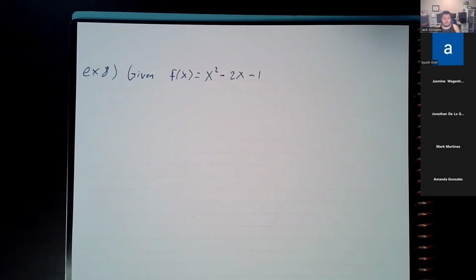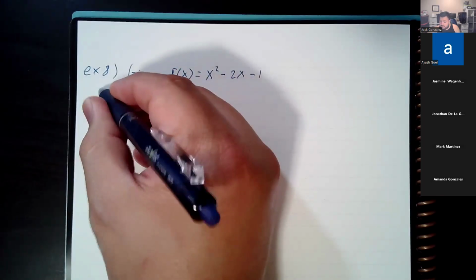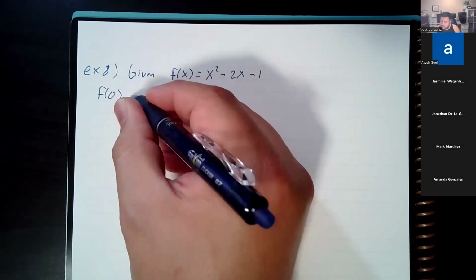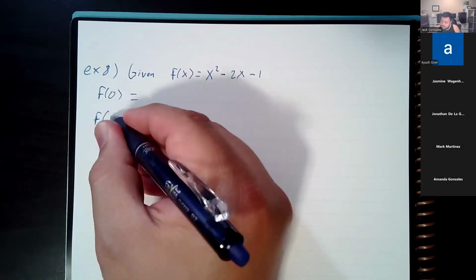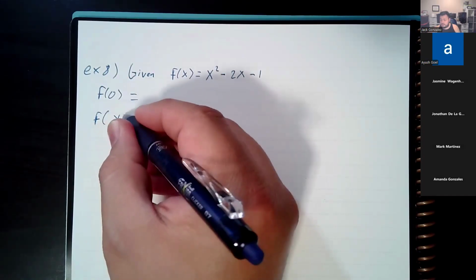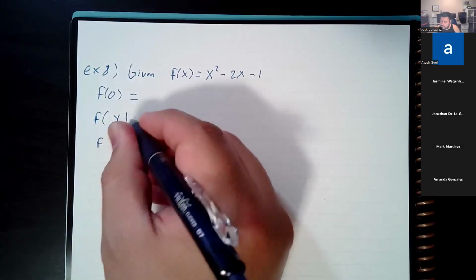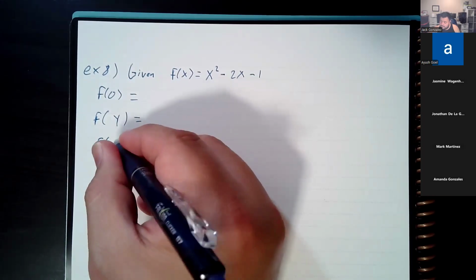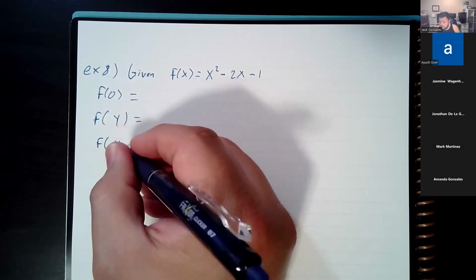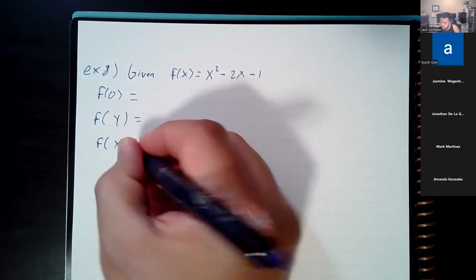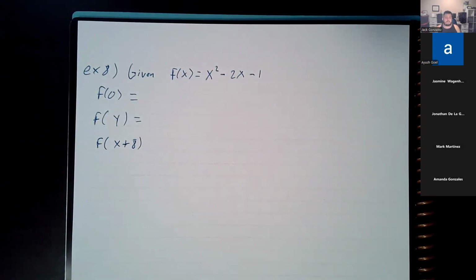So no matter what it is, you just plug it in. Could be whether it's f of 0, f of y, or f of x plus 8. You just plug it in and see what happens.